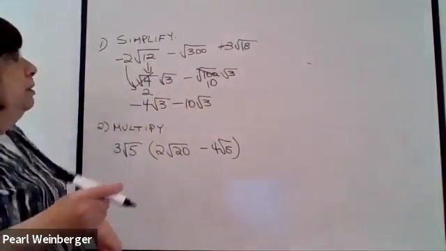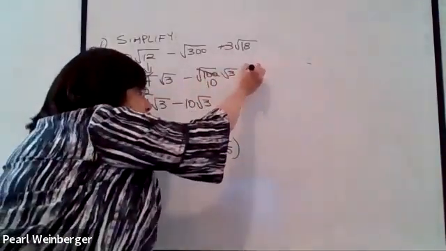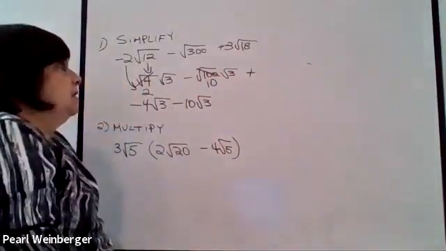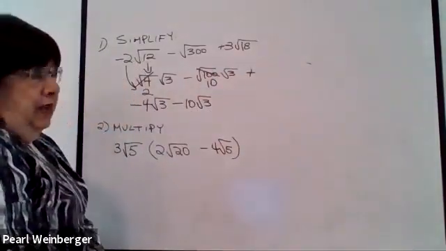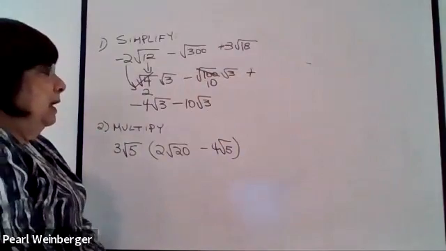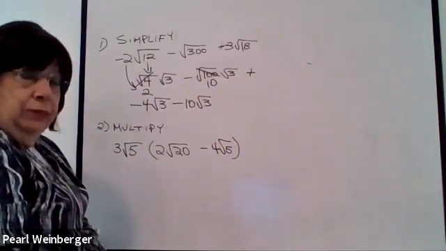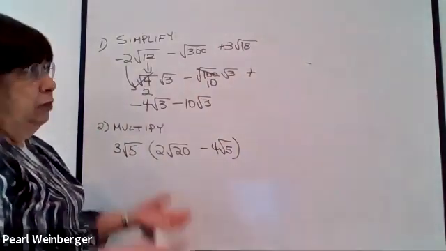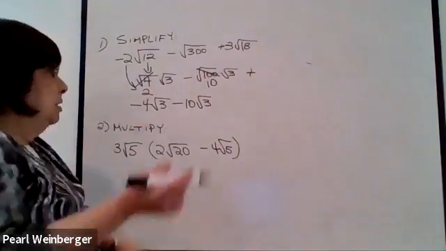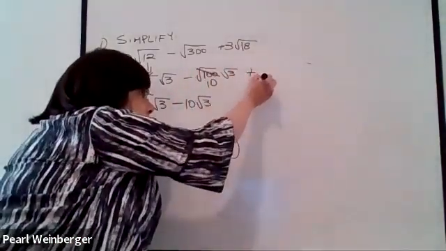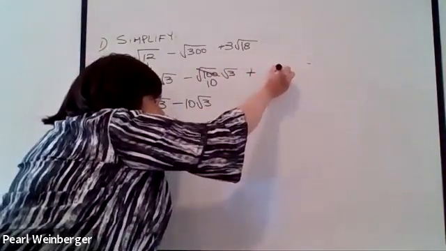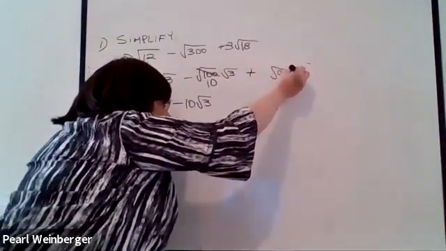And finally, I go to this last term, which has a radical of 18. And I think, okay, what can I break 18 into? And I thought of 9 and 2. So I'm going to break this up into the square root of 9 and the square root of 2.